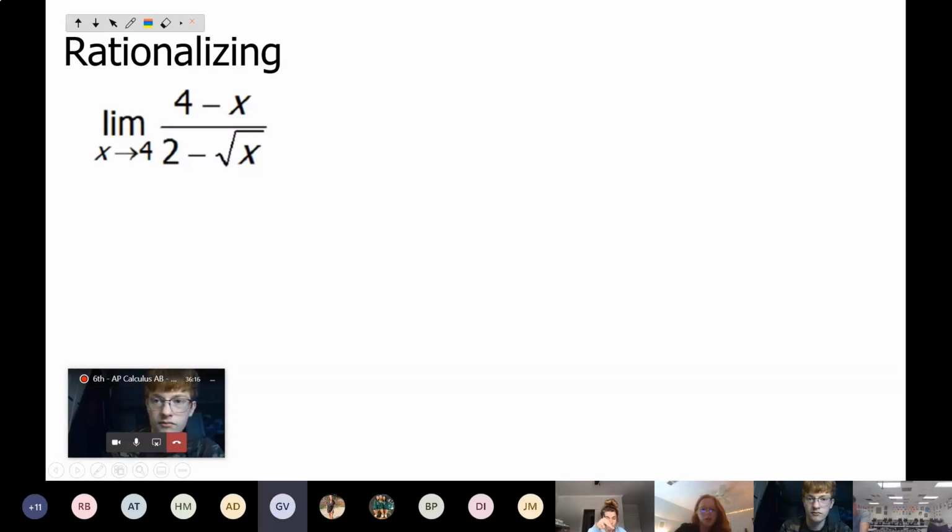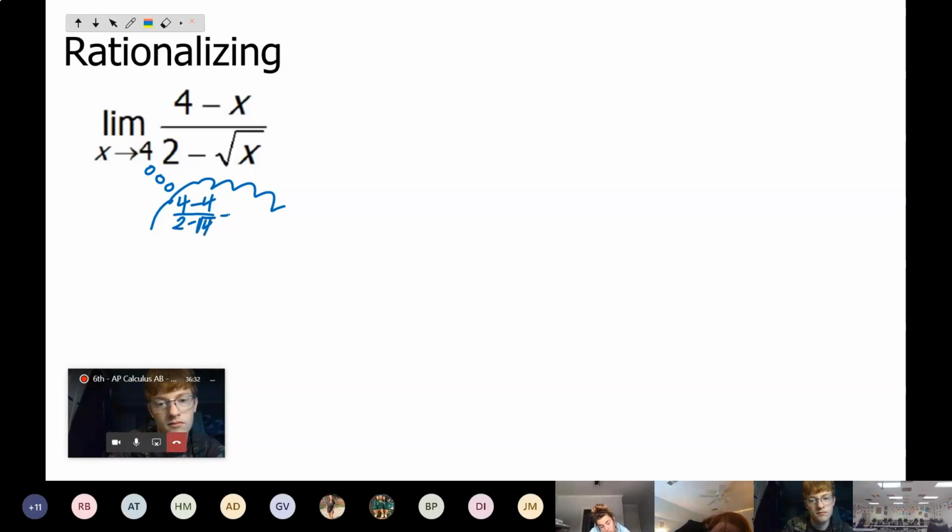Plug it in, because there's no point in doing anything else if you haven't plugged it in. Now, hopefully you can do that in your head. I'm going to draw a little thought bubble, because this is happening inside my head. But I can see that 4 minus 4 over 2 minus the square root of 4 is going to give me 0 over 0.